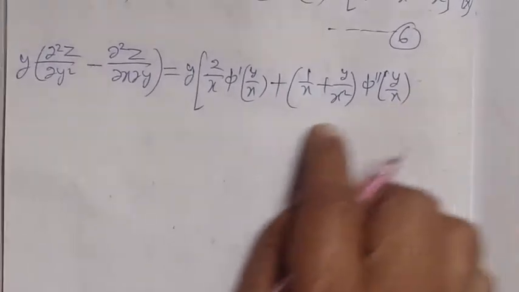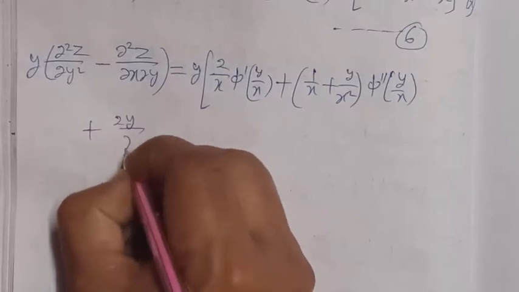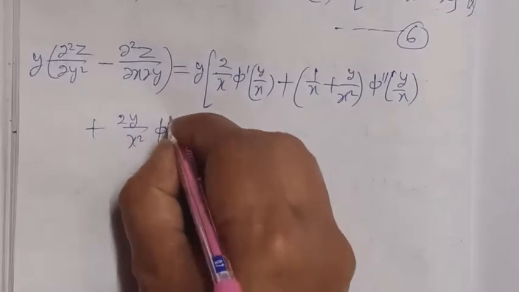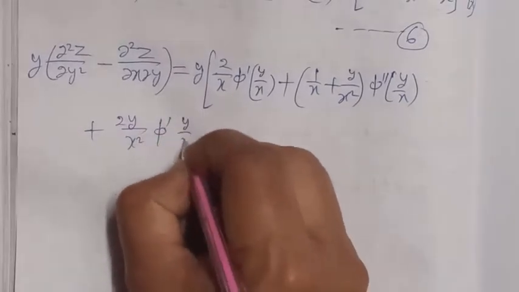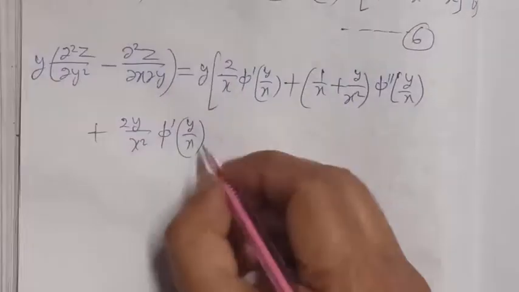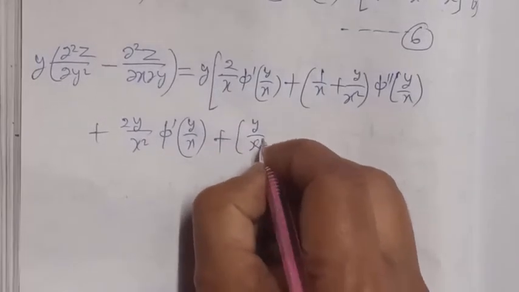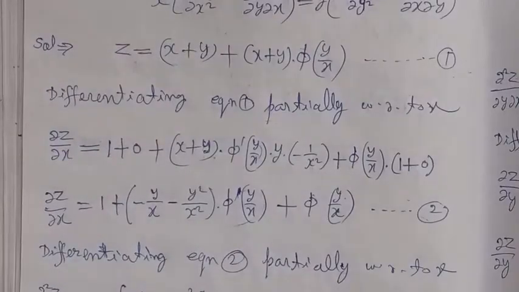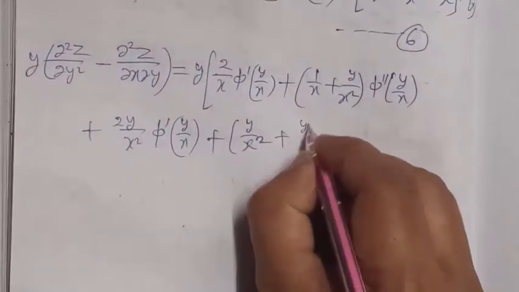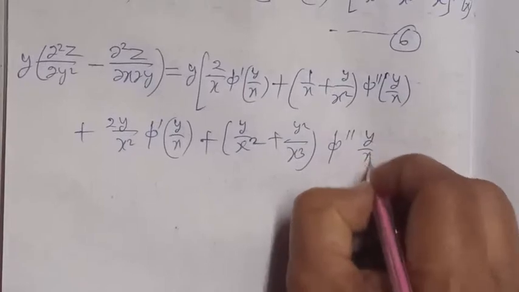So I write 2y upon x square φ dash y upon x, from equation number 4, plus y upon x square plus y square upon x cube φ double dash y upon x.